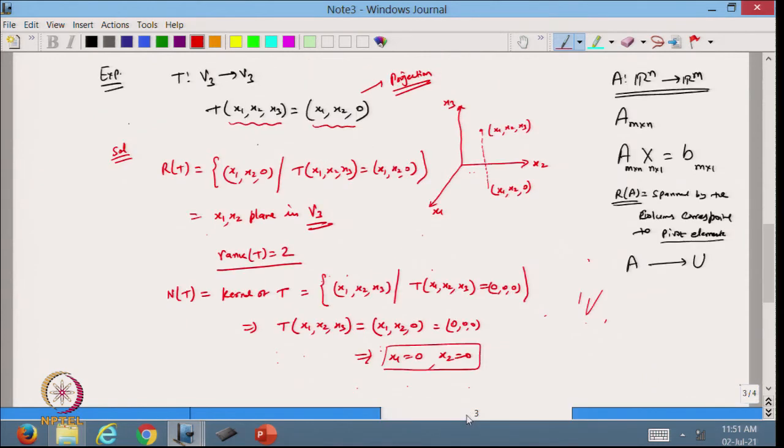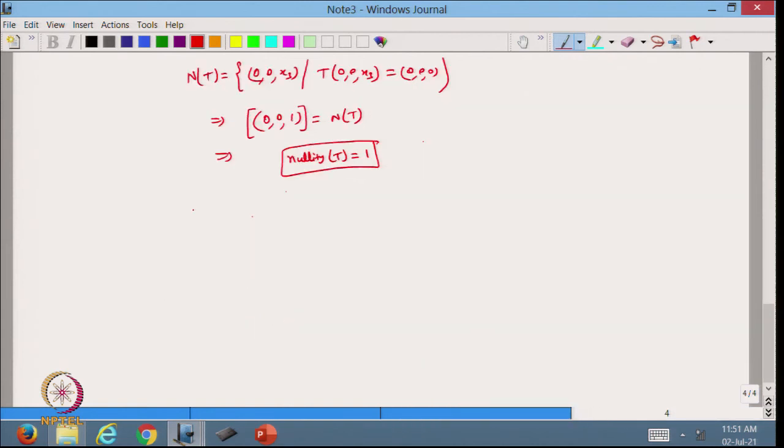So, from here I can check that my range space is this one, the rank is 2, and the nullity is 1. Also, we know that rank plus nullity, that is 2 plus 1, 3, is equal to the dimension of U. So, here it is coming.